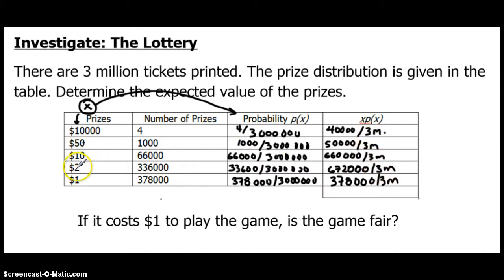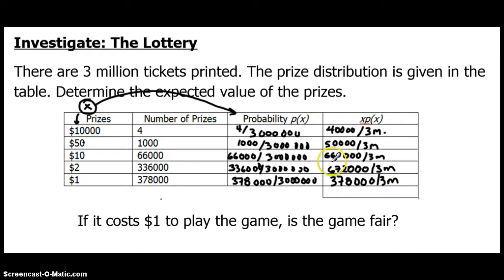And all the way down to $2, which has a probability of 336,000. I think I missed a zero in there. 336,000 over 3 million, which is 720,000 over 3 million. All the way down to $1, which has a probability of 378,000 out of 3 million. So that's your probability of winning $1. So multiply the outcome by the probability, you get the same thing, 378,000 out of 3 million.